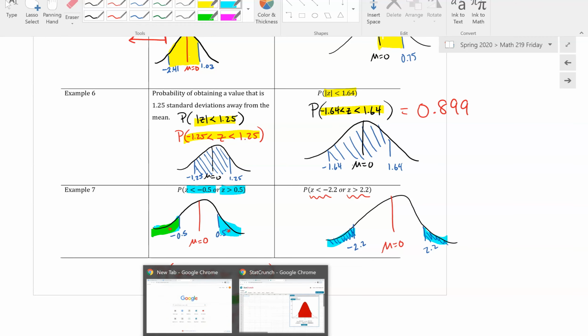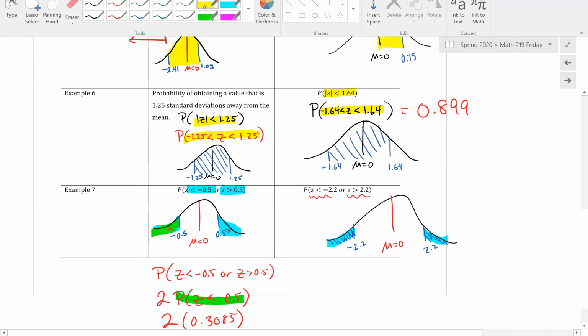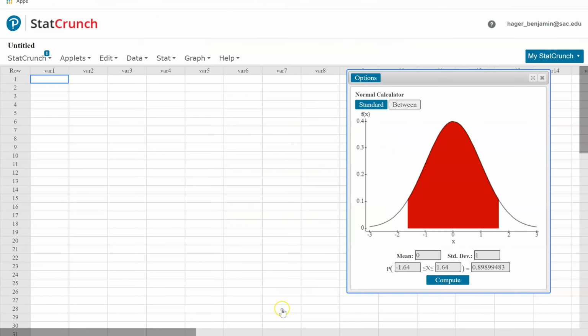One way is to use the in-between feature and find the area in between them. Since I know together the blue and the yellow make 100%, I can take 1 minus what I find in between them, minus the yellow part. Or I could do kind of what I did over here: find the area to the left of this guy and double it up. So it doesn't really matter.